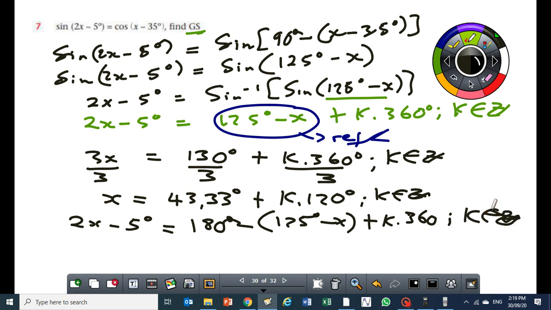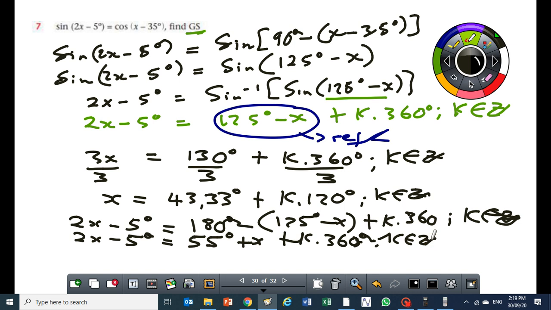So when you simplify here, you get 2x minus 5 degrees is equal to 55 plus x plus k times 360, where k is an element of z. So then we take that x to the left, the minus 5 to the right.